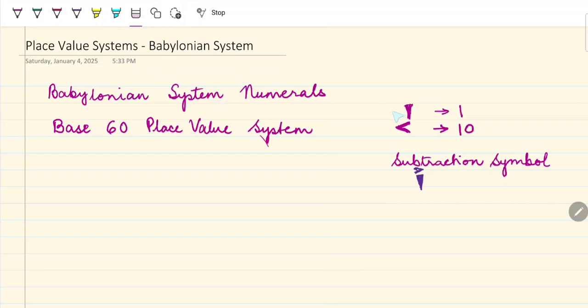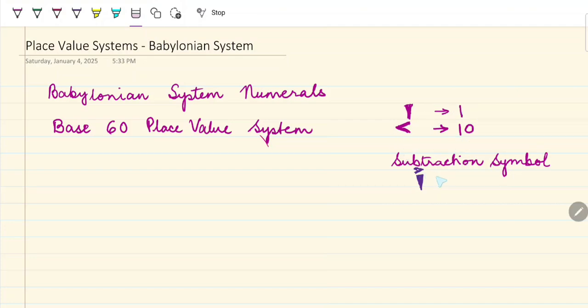There were just two numerals that the Babylonians used to represent all the different numbers. One of them was this conically shaped vertical line, which had a decimal equivalent value of 1, and then the other one was a left pointing arrowhead, and that had a value of 10.